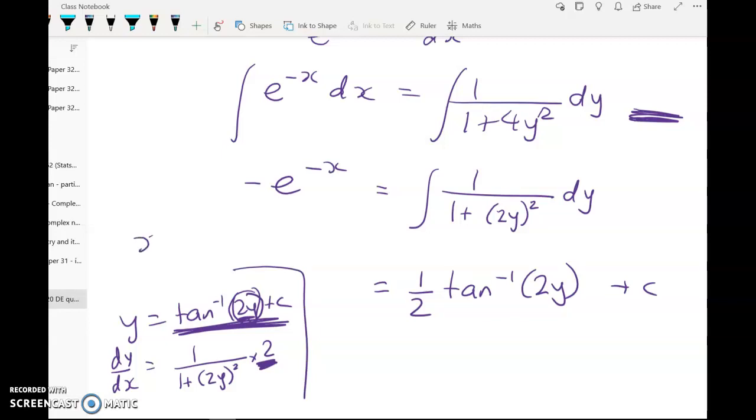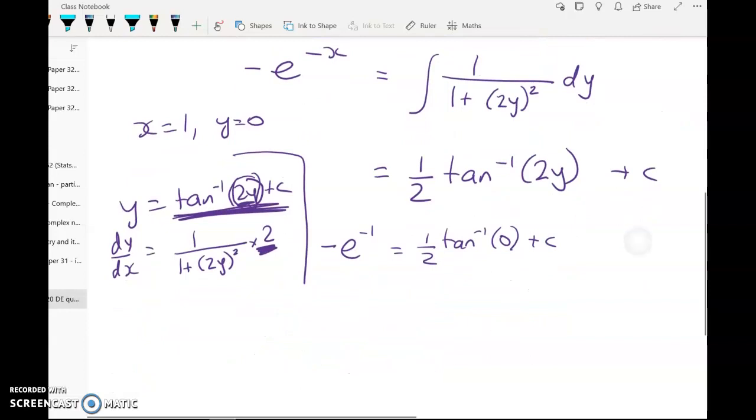So when x is equal to 1, y is equal to 0. That gives me negative e to the negative 1 is equal to 1/2 tan inverse of 0 plus c, giving us, so the angle whose tan is 0 is just 0, negative 2e to the negative 1. That's not right.